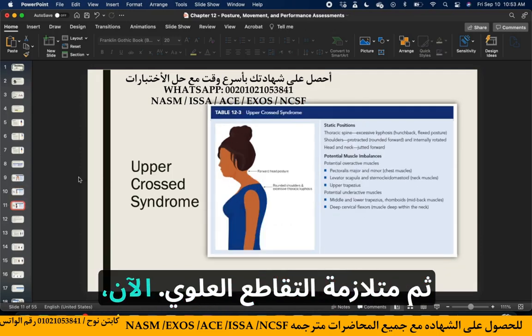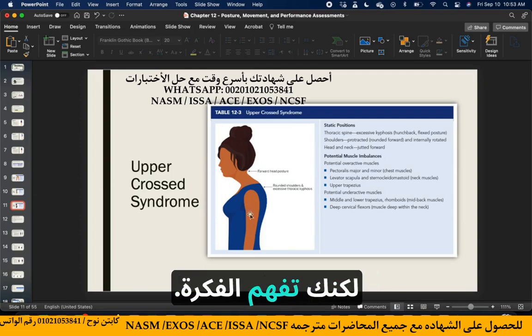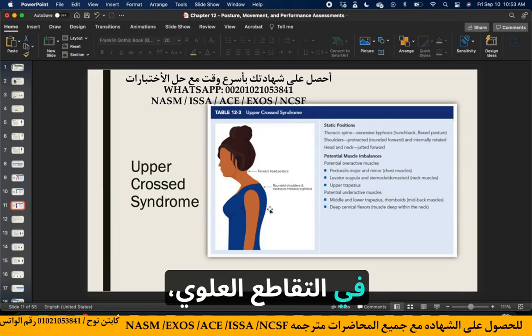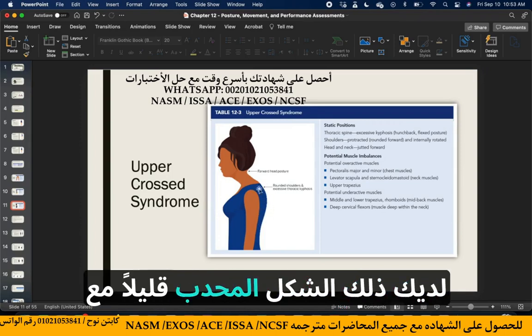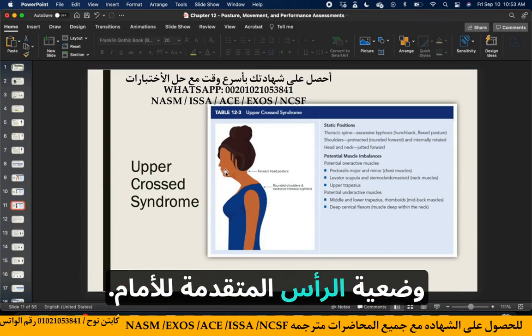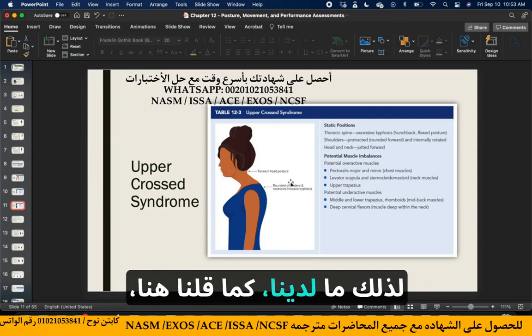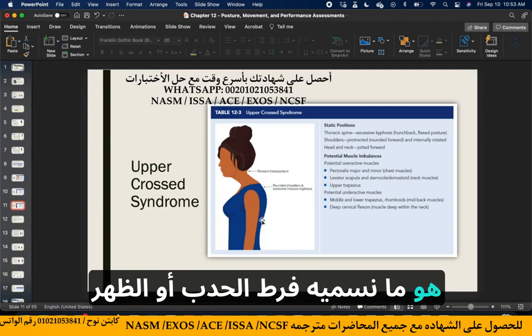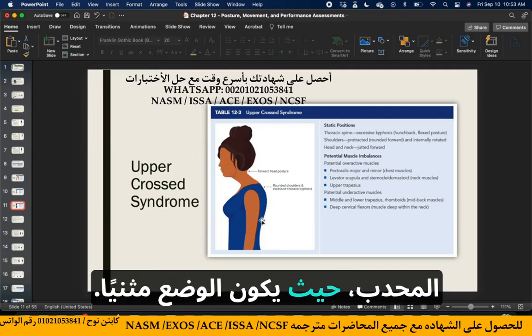Then upper cross syndrome, now this is extremely exaggerated, but you get the idea. Upper cross is upper back, lower cross is lower back. Upper cross, you have that little bit more of that hunchback shape with a forward head position posture. So what we have, like we said here, the thoracic spine or that mid spine, T1 to 12, is what we would call excessive kyphosis or hunchback, where that positioning is flexed.